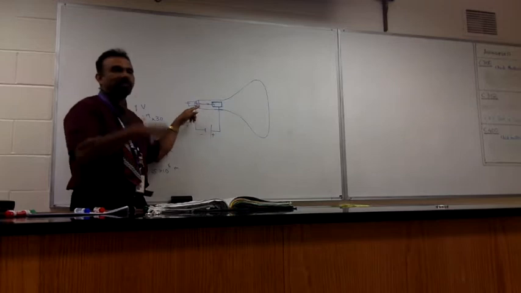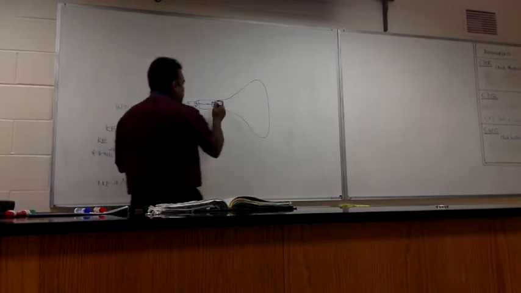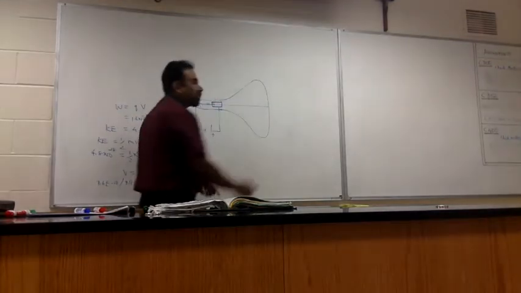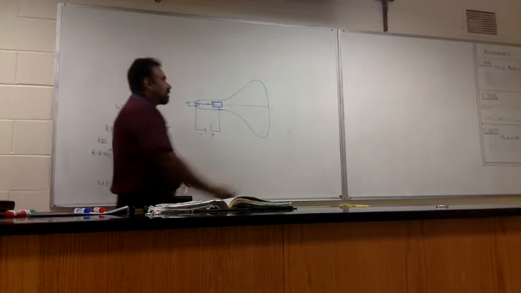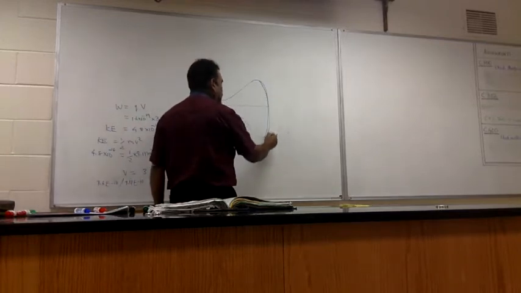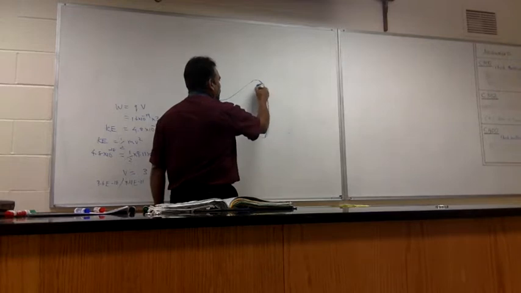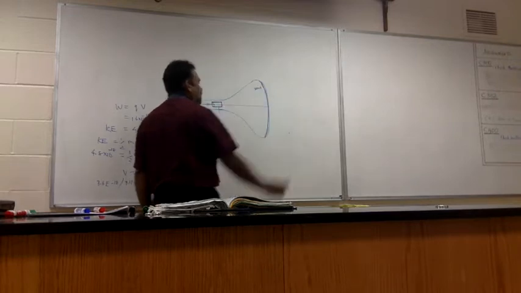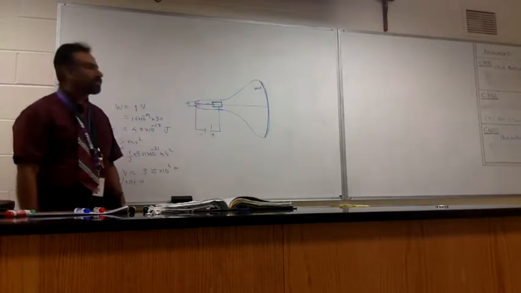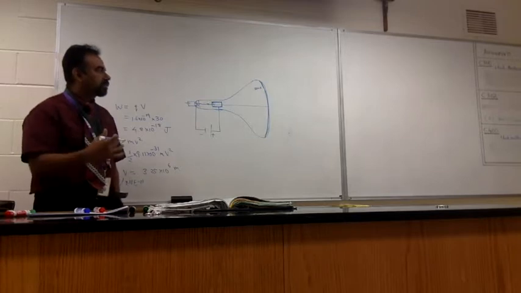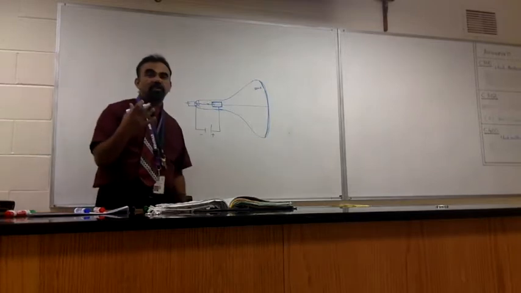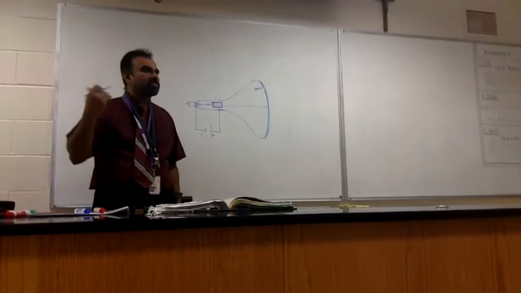What happens to this electron is it goes and hits the screen. The screen is coated with fluorescent material, generally zinc sulfide. For a cathode ray tube it's zinc sulfide, but for picture tubes of televisions, they use other materials.